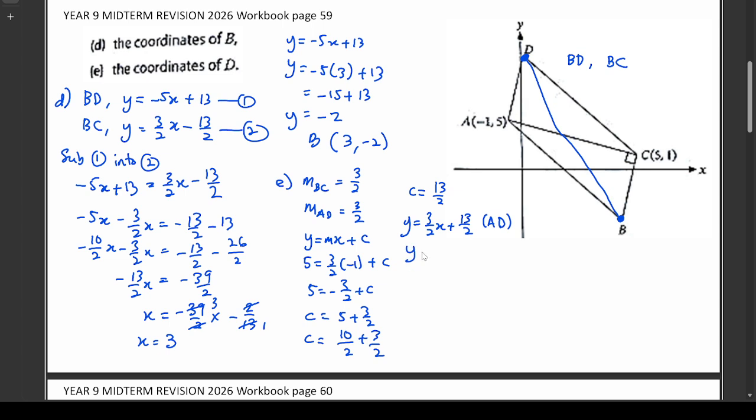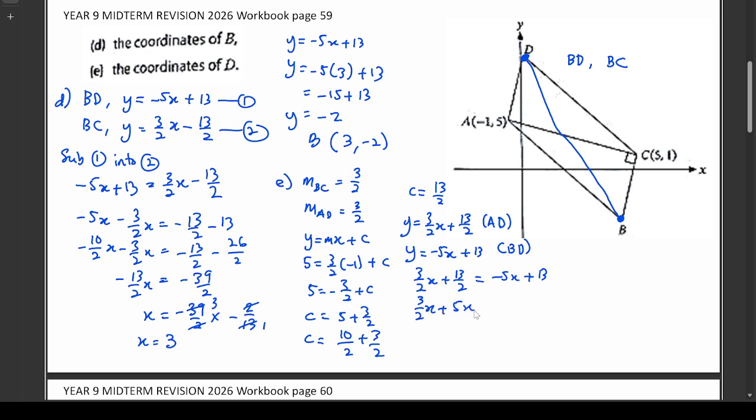So BD would be -5x plus 13. You solve these two equations just like previously, right? First equation equals second equation, so 3 over 2 x plus 13 over 2 equals -5x plus 13.